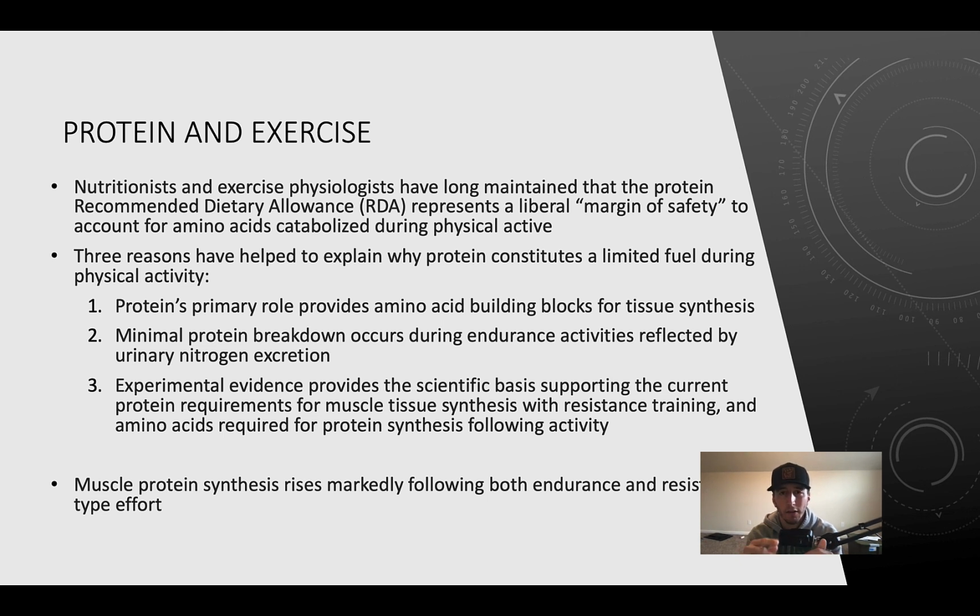But the individual that is an athlete or is a resistance training athlete or a long distance runner needs to consume more protein than the RDA, not just a little bit, but dramatically more protein, up to about 2 grams per kilogram of body weight. So that roughly equates to about a gram per pound of body weight, because there's so much energy stress, there's so much mechanical stress and mechanical trauma occurring to the muscle that they actually have to significantly increase the amount of protein that they're consuming.